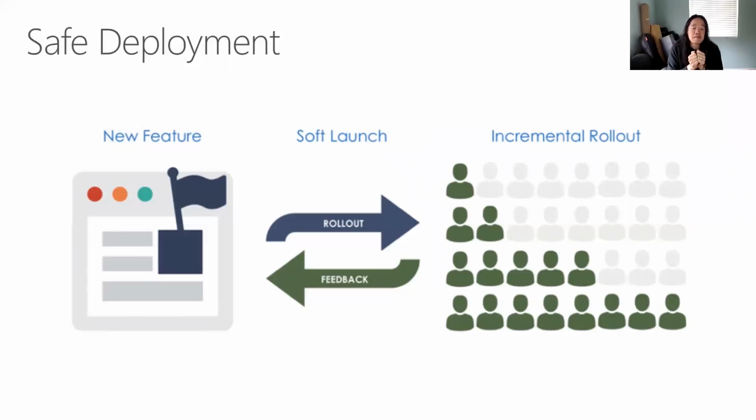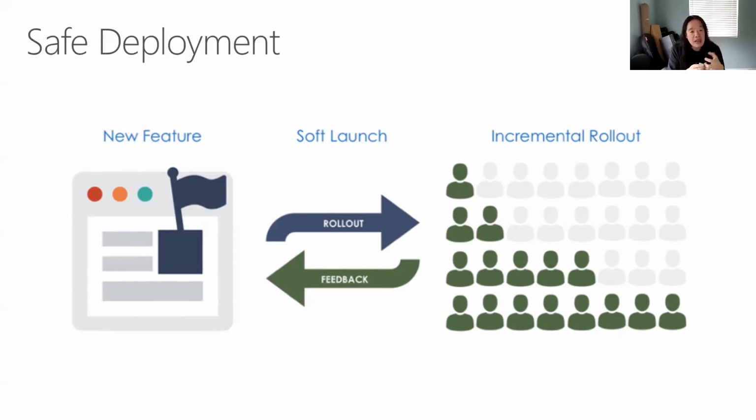And then so on and so forth, right? We keep on doing this until we reach, I think, ring 6, which ends up being the rest of the world. So that's the concept of safe deployment. And you can do the exact same thing using feature flags. You can have a flag for a new feature, but only turn it on for maybe 5% of your users.